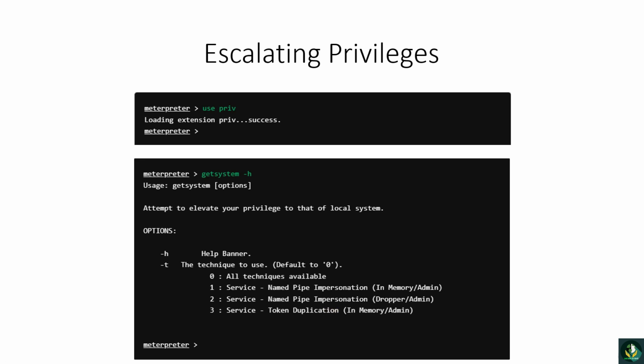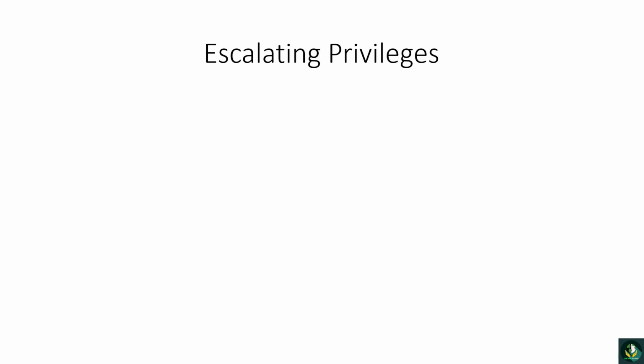We'll let Meterpreter do the heavy lifting for us by running getsystem without any options. The script will attempt every method that is available to it, and then it will stop when it succeeds. Within a blink of an eye, our session will be running with system privilege.